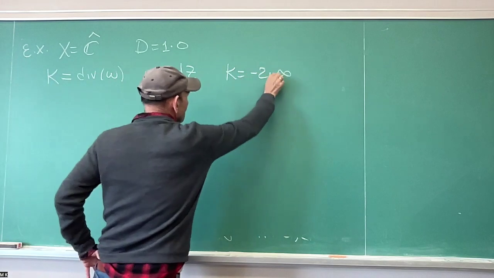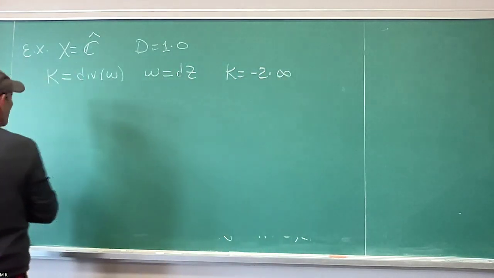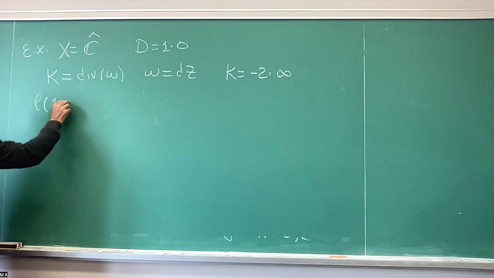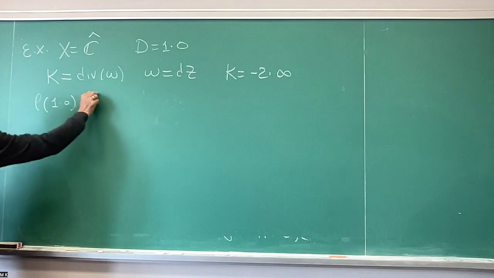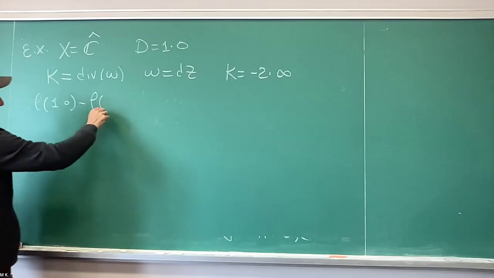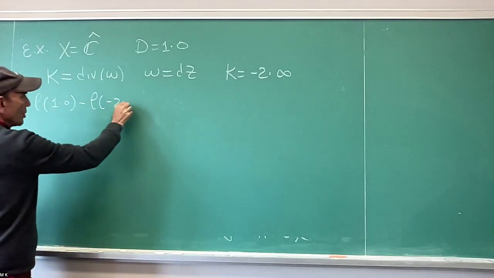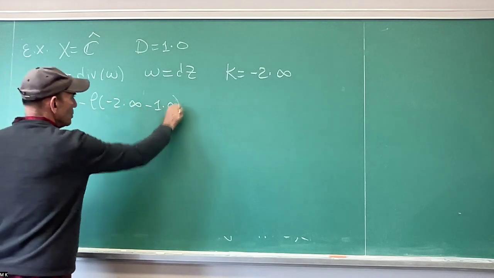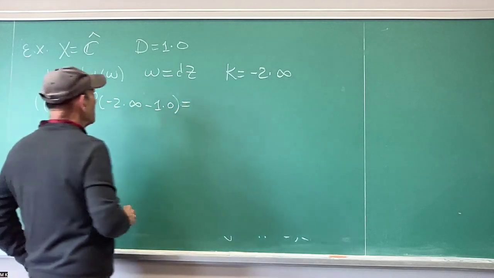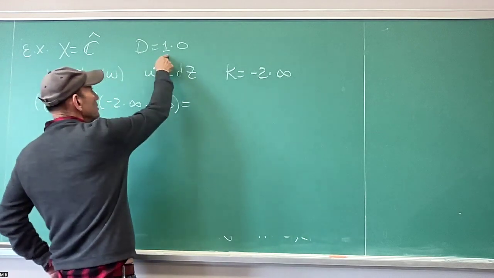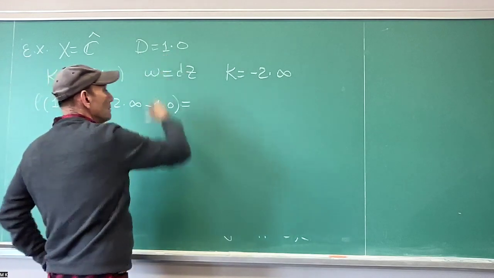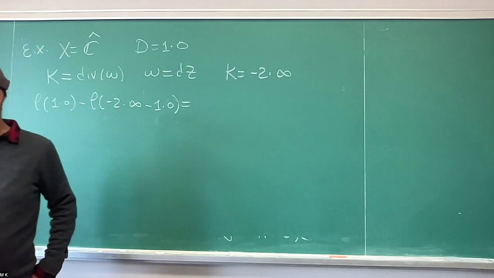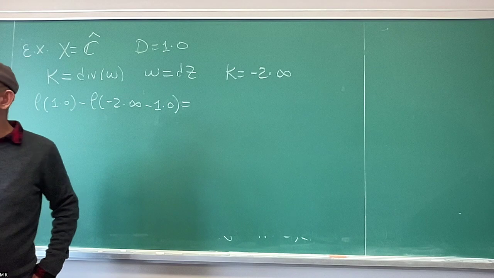So now we want to check that L of 1 times 0 minus L of K minus D, which is -2 times infinity minus 1 times 0, is equal to degree of D minus genus plus 1. Well, what is degree of D?